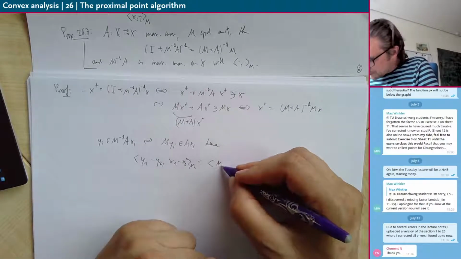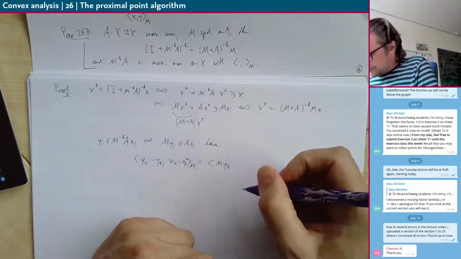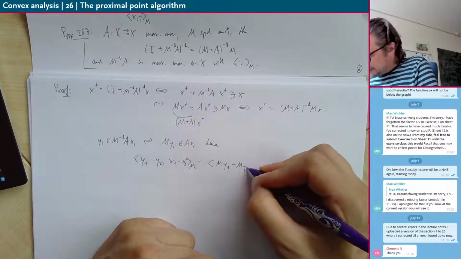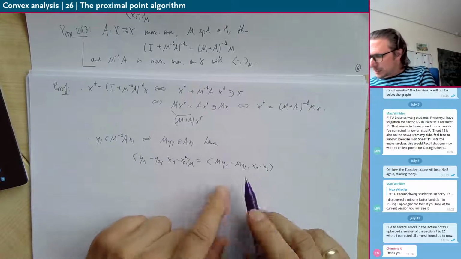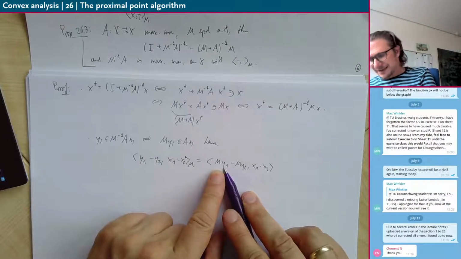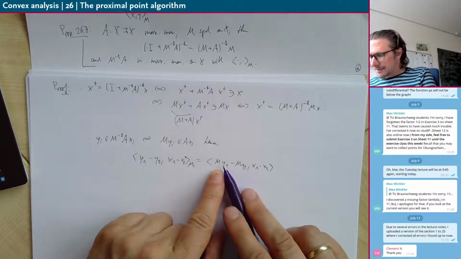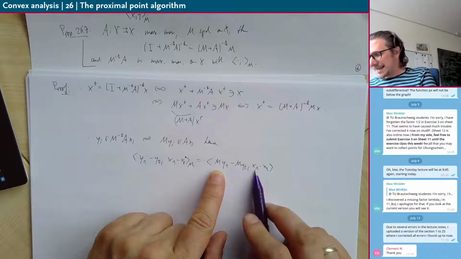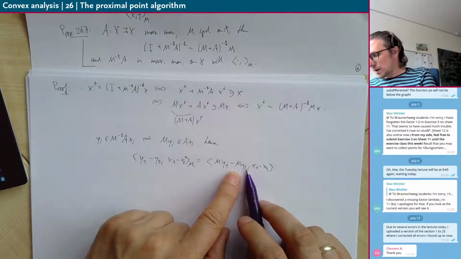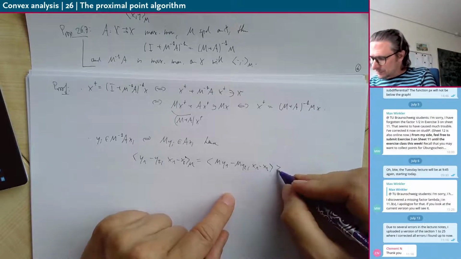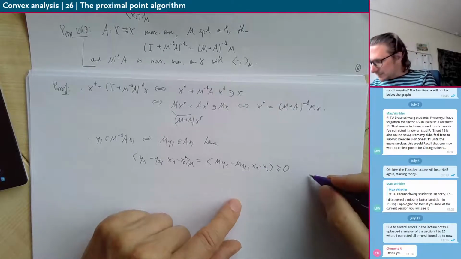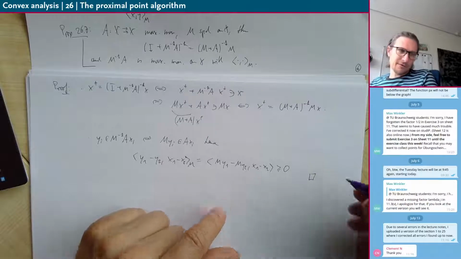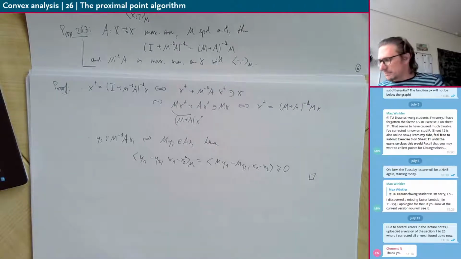So you give it to the y's. And now M y_1 is in A x_1 and M y_2 is in A x_2. So this is nonnegative, and that's it. Maximality is again not difficult, but it's always a little bit difficult to explain, and it gets a bit messy.